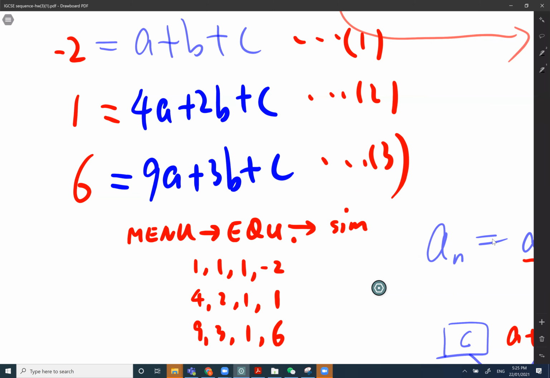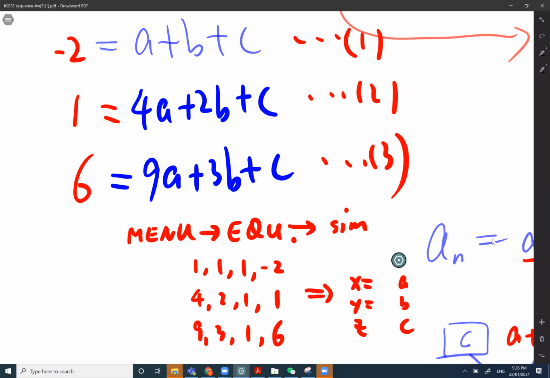Input all the numbers, and then enter. The calculator gives you x, y, z. In our question, it's A, B, C. You input 1, 1, 1, negative 2, and then next.